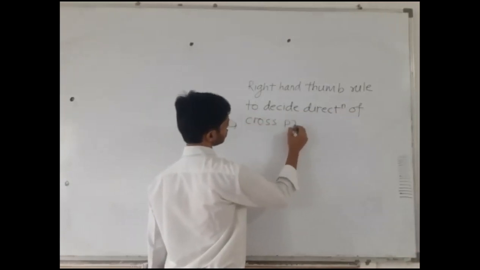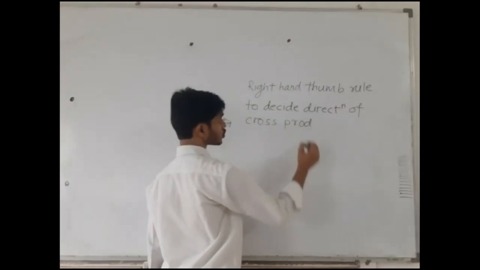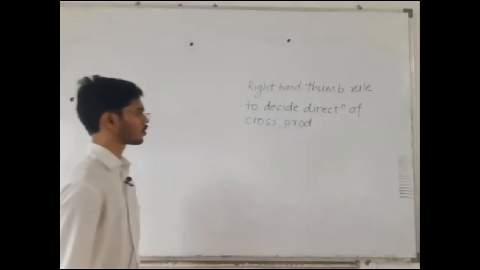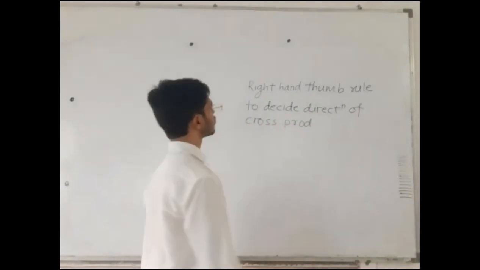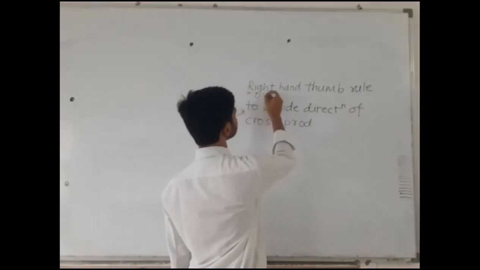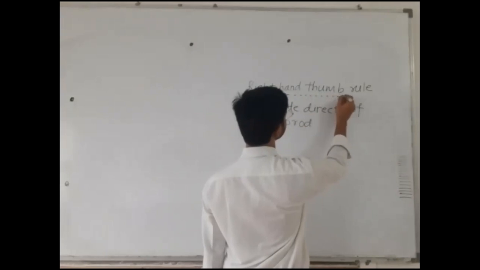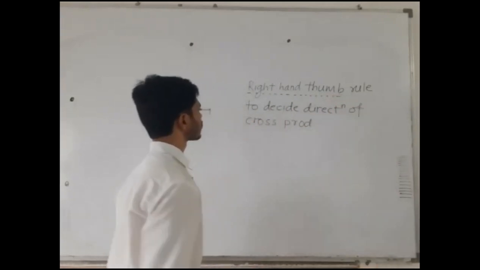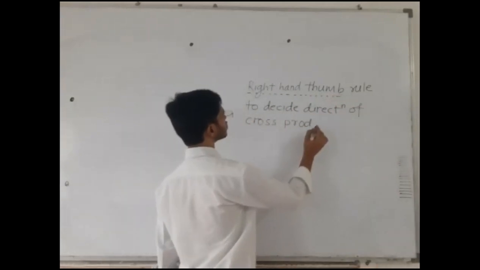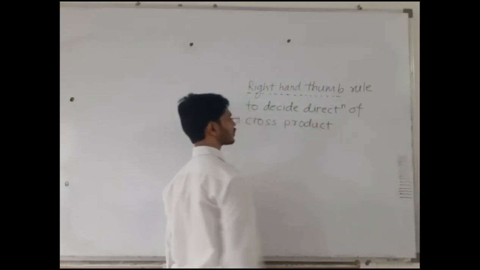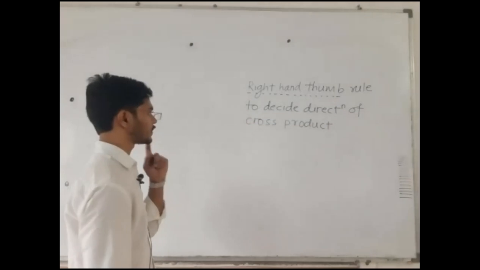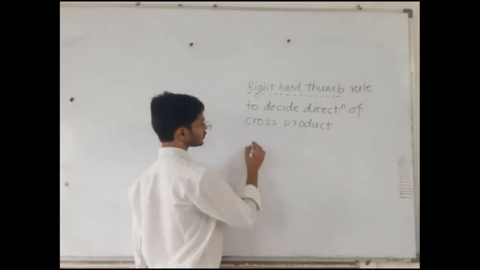In the cross product, we use the screw rule. Whether the screw will go in or will come out, that we decide, right? Just like that, there is one more rule which can be used to decide the direction of cross product. The rule is very simple.